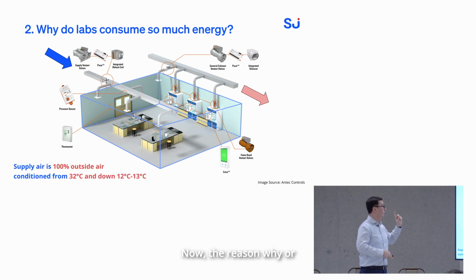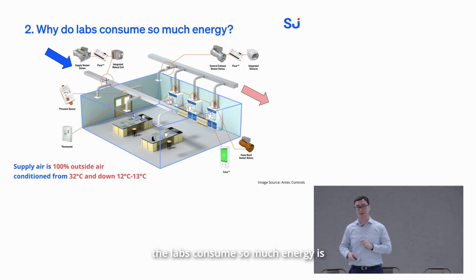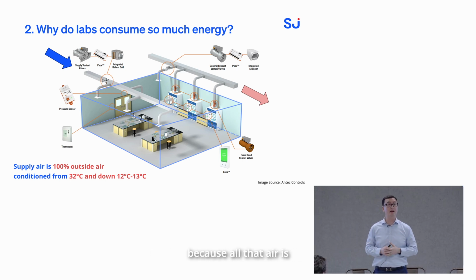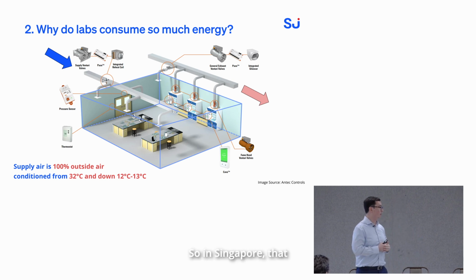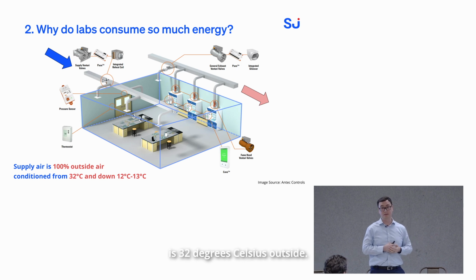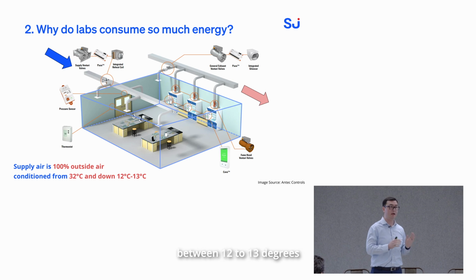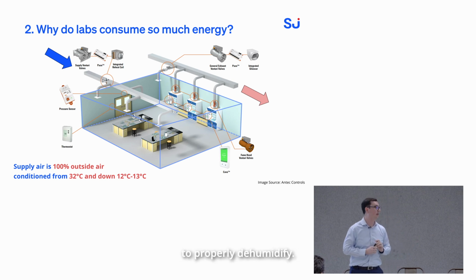Now, this is the key reason why the labs consume so much energy: all that air is 100% outside air. So in Singapore, that means the design temperature is 32 degrees Celsius outside, and then we have to bring that temperature down to between 12 to 13 degrees to properly dehumidify.